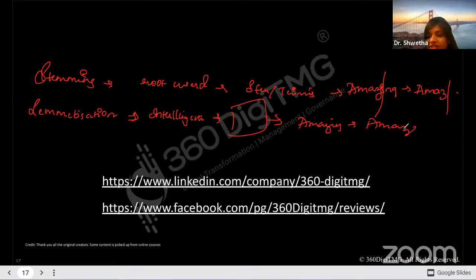It gets the word amaze from the dictionary or the corpus it has. So it is an intelligent way to get the data. This is about stemming and lemmatization.